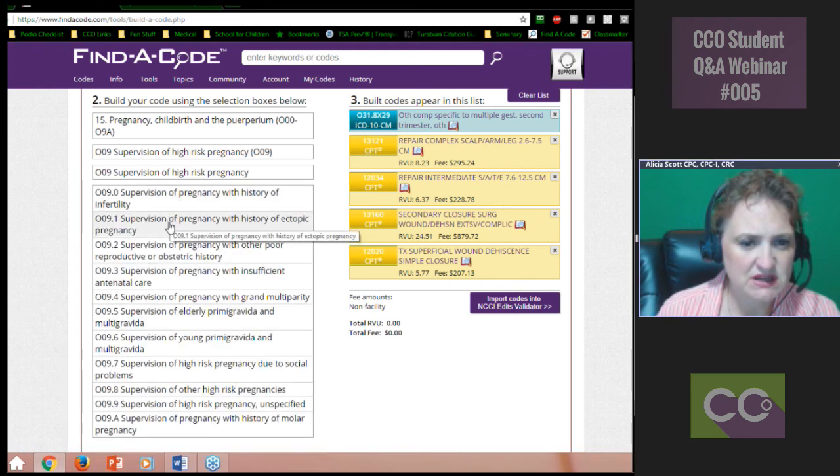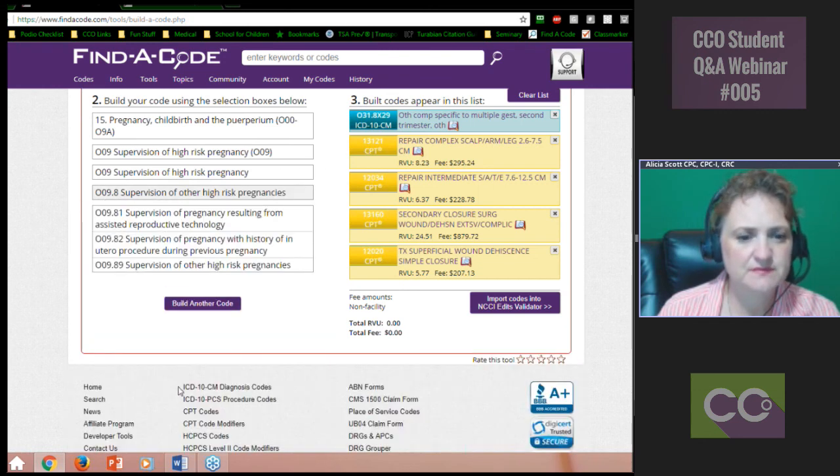Infertility, ectopic, insufficient, with grand multi, social problem, high-risk supervision of other, high-risk unspecified, molar pregnancy. I think this one means you've got more than normal gestation, other high-risk pregnancy.